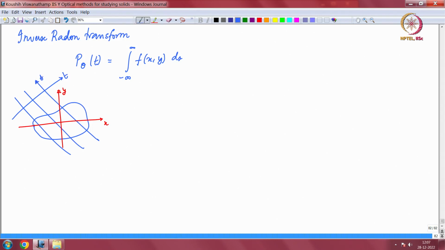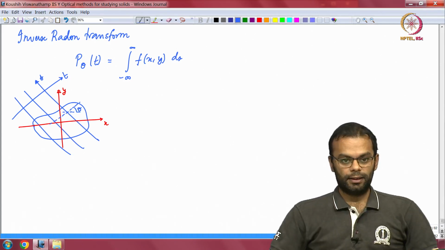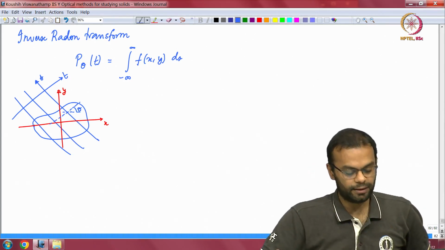So the integral inside the Radon transform is integrated over s. So the Radon transform itself is not a function of s, it is a function of theta and t, and of course the angle that we had over here was theta, right, and t was in the normal direction.